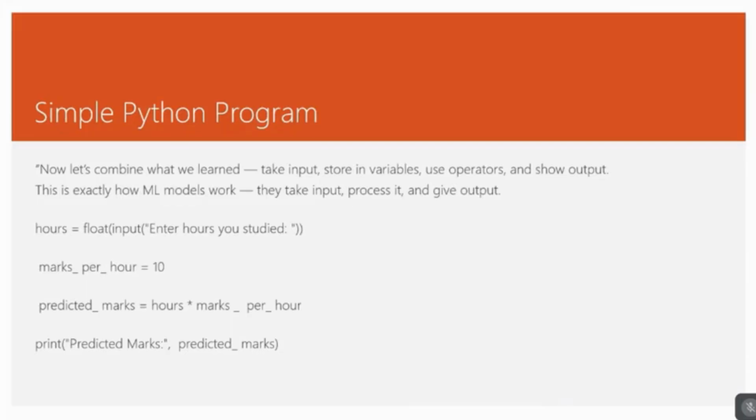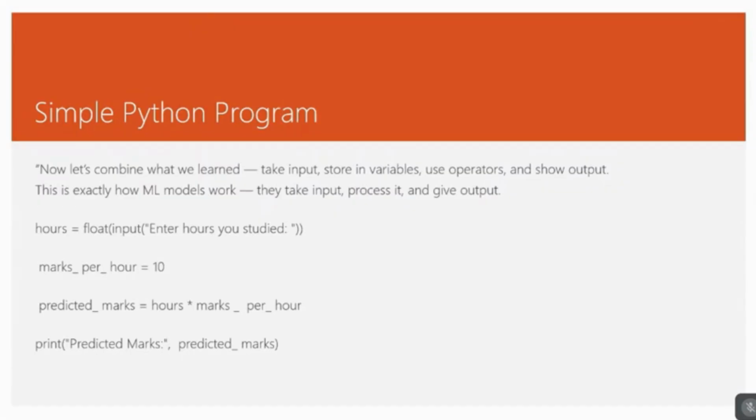So here you see a simple Python program. It's a basic Python program of machine learning. First we know about the program. In this program, our machine learning model predicts our marks on the basis of how many hours we study.